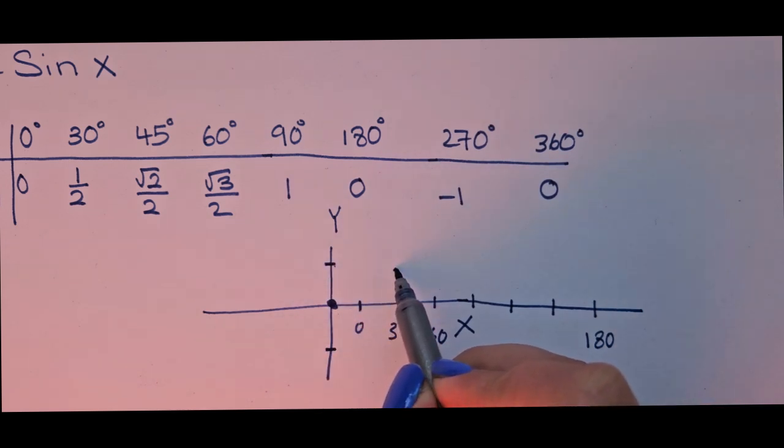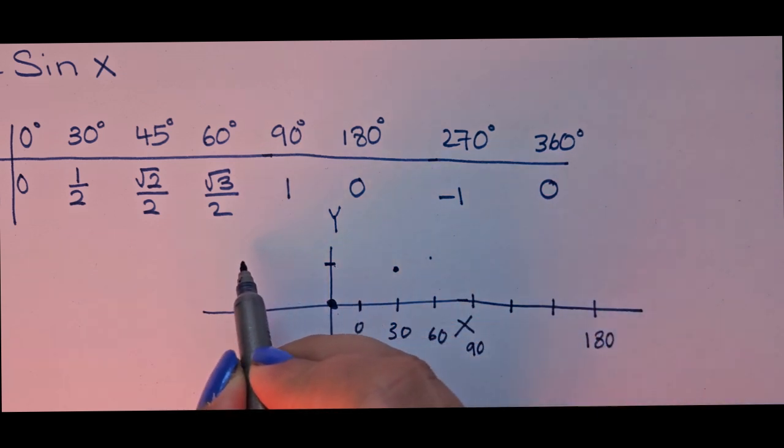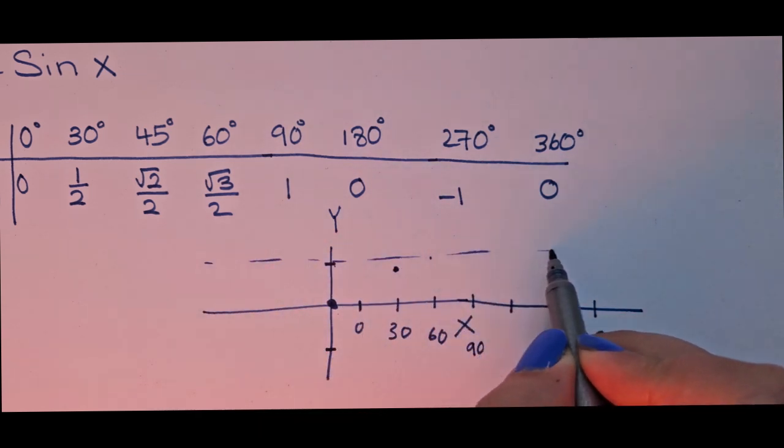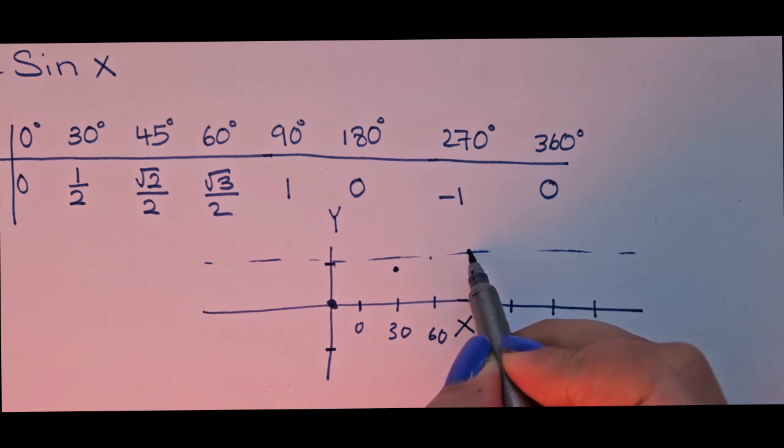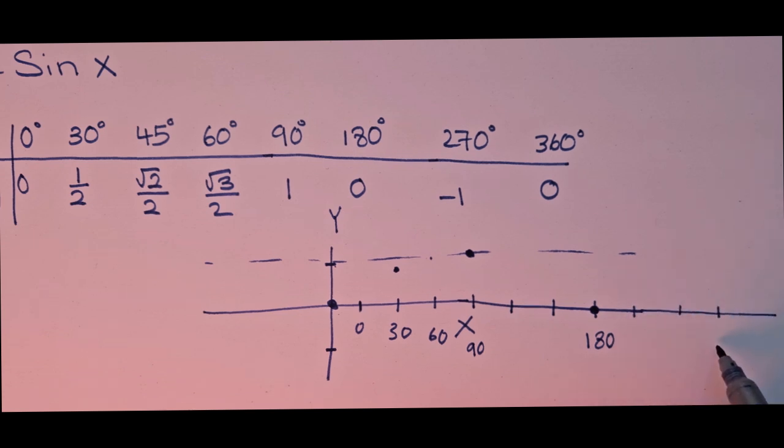Sine of 30 is halfway through. 60 is 0.7 almost. Then this one is 90. So sine of 90, let's see, this is 1. Sine of 90 is 1. Okay, now 120, 150, 180. So 180 is 0. Okay, then 210, 240, 270.